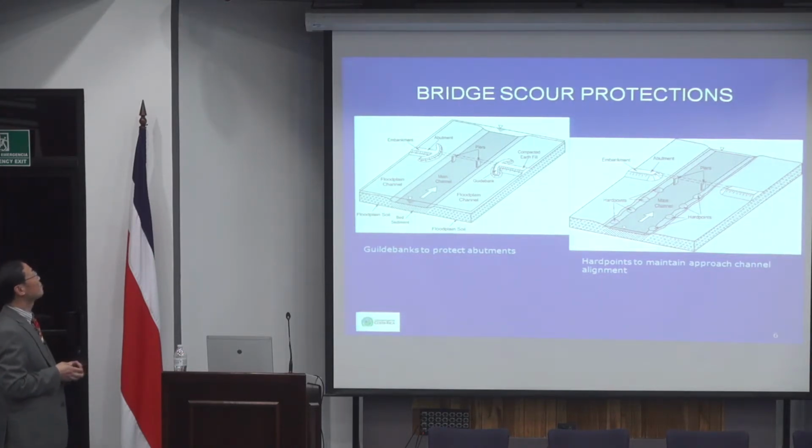Of course, these are the phenomena and detection. For scour protection, if you have very straight channels, you may build this kind of shape to protect the abutments. Or you can provide some kind of stabilization.